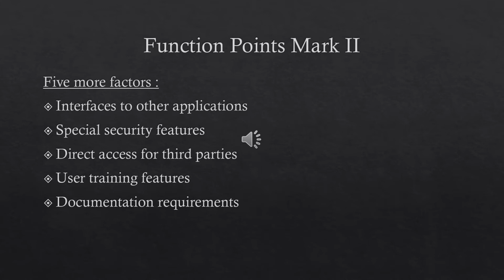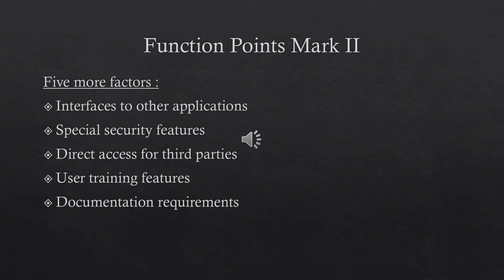The fifth one is the documentation requirements. A document should be maintained for everything. So what standards, requirements, procedures, and policies should be followed during the documentation? So the fifth one is documentation requirements.